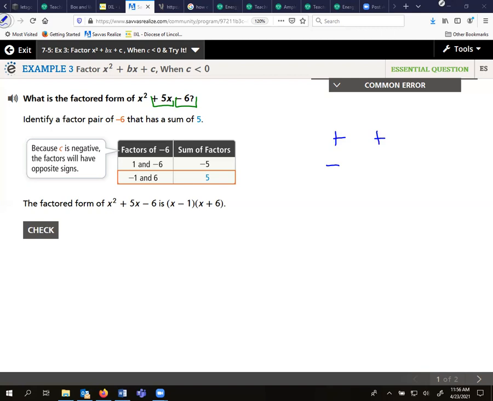If you have a negative and a positive, you're going to have two negative things in your factoring. But if the last thing is negative, that's when you have opposites. So one will be positive, one will be negative. And again, you can always just double check to make sure you have the right thing. But as long as you come up with two numbers that multiply and add to be the right numbers, you should be fine.